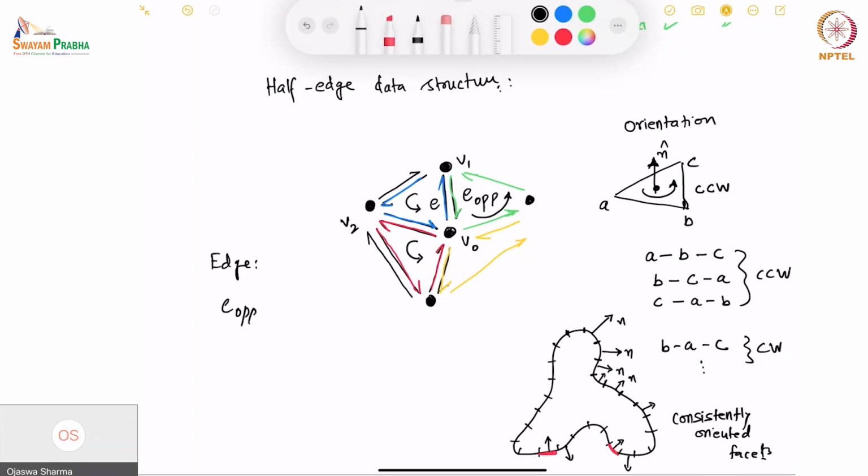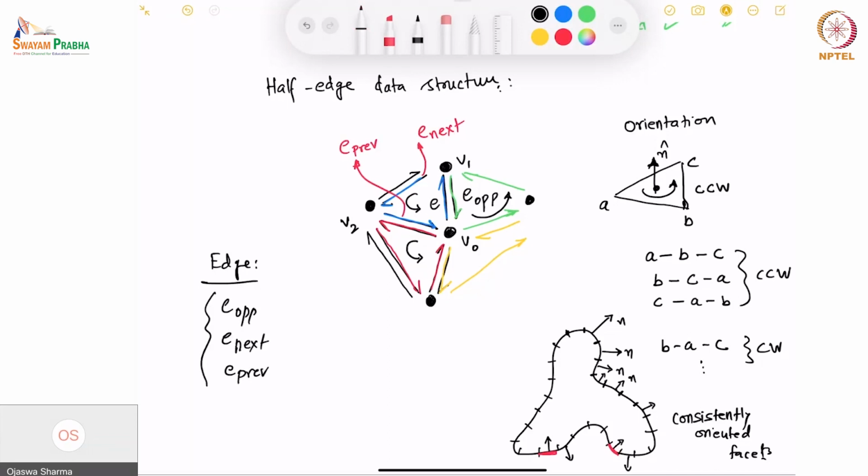Then this one is called E next, because it is the next in the counterclockwise fashion, and it has a pointer to E previous, which is the previous edge to E. So E next and E previous. These are the three edge pointers that are contained in this edge, and these help in navigating the mesh.